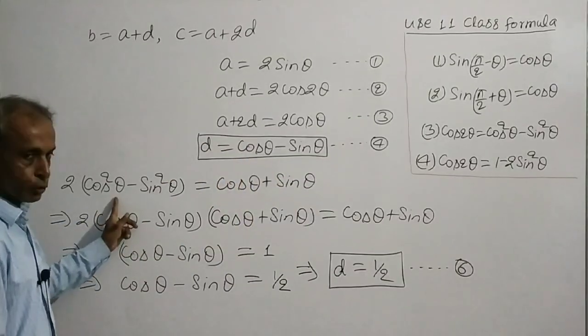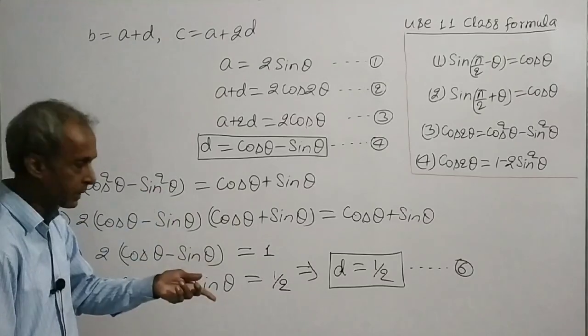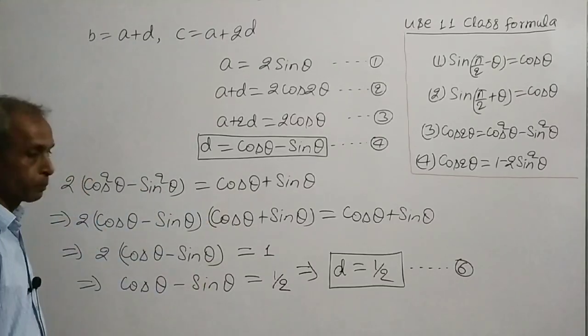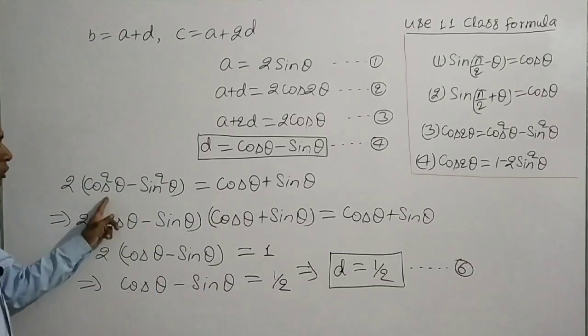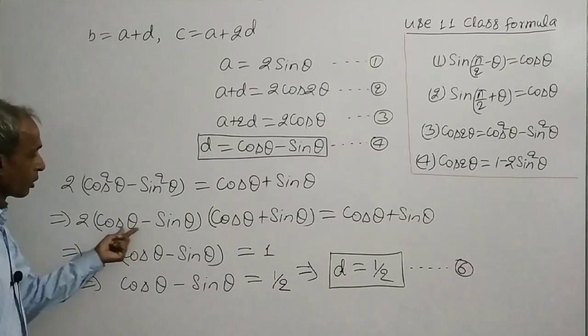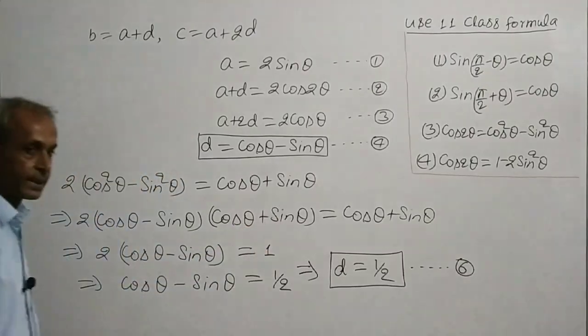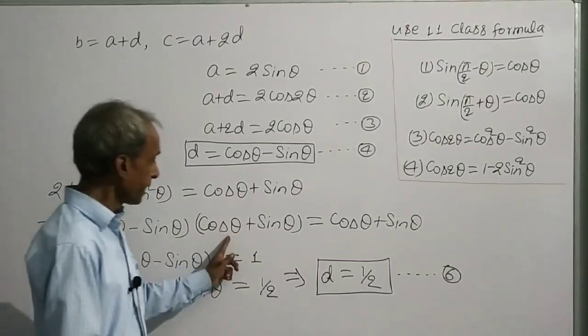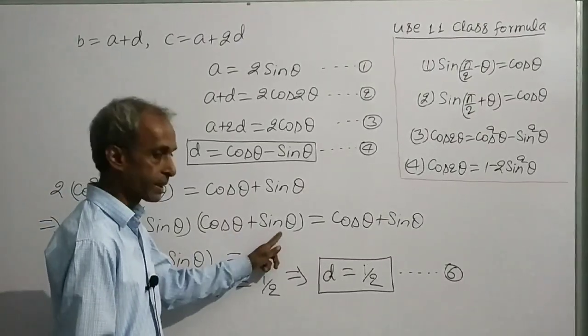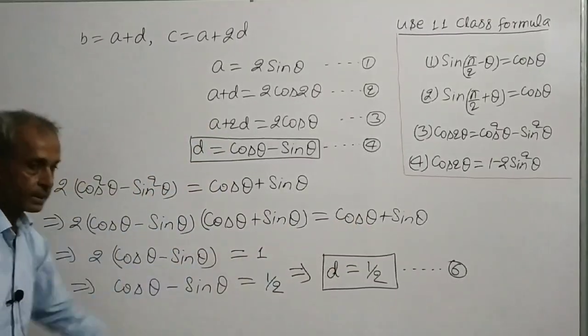Since a square minus b square is equal to a minus b times a plus b, cos square theta minus sin square theta can be written as cos theta minus sin theta times cos theta plus sin theta. Cancelling out cos theta plus sin theta from both sides, we get this.